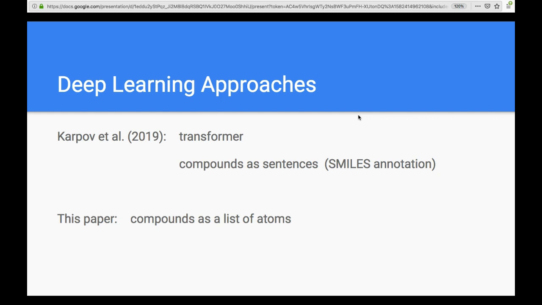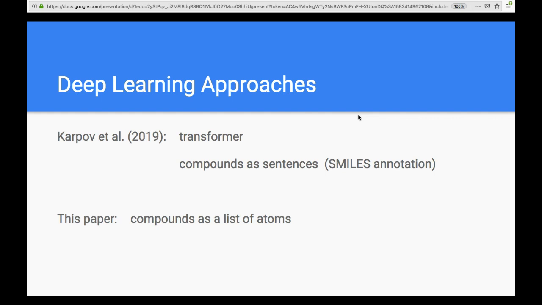SMILES is the way to annotate chemical compounds. And if you do it properly, you can actually treat one SMILES string as a sentence, and those atoms are like the words in a sentence. So this is the earliest paper that used a transformer to do this kind of thing.